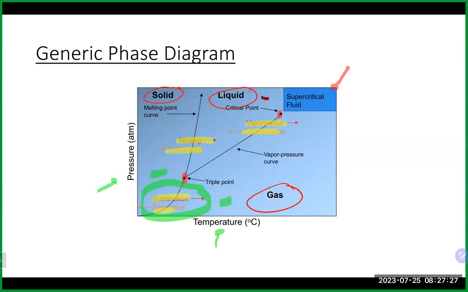It has liquid properties but flows into the gas region and flows like a gas. So this is what a generic phase diagram looks like. That is your melting point curve here, where we have our transition between solid and liquid, and our vapor pressure curve, or boiling point curve, going this way, as we are between those two.